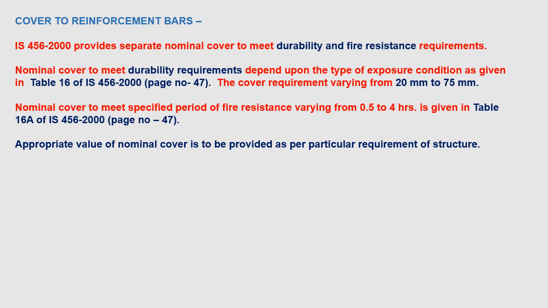Nominal cover to meet the specified period of fire resistance, varying from 0.5 to 4 hours, is given in table 16A of IS 456. Now when we design a slab, we shall take an appropriate value of nominal cover as per the particular requirement of the structure.